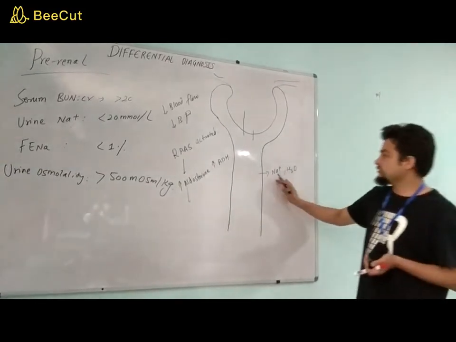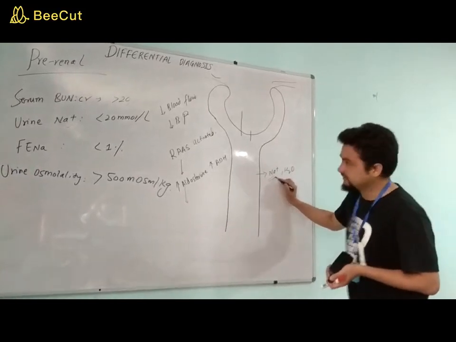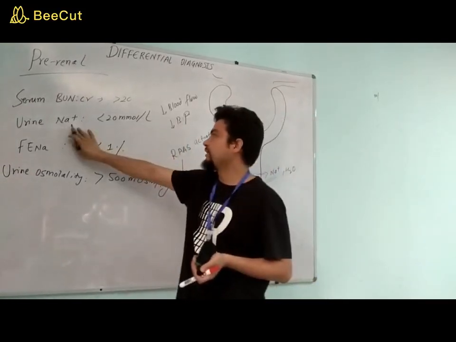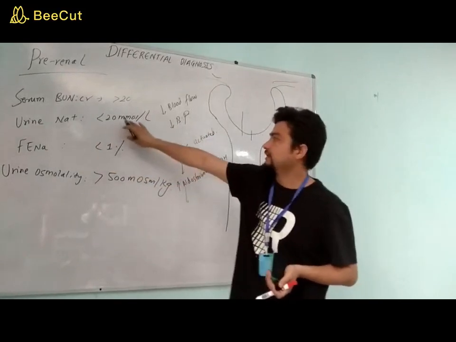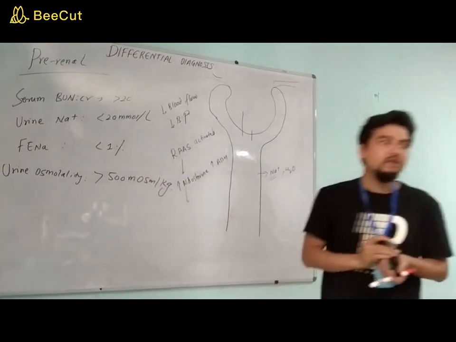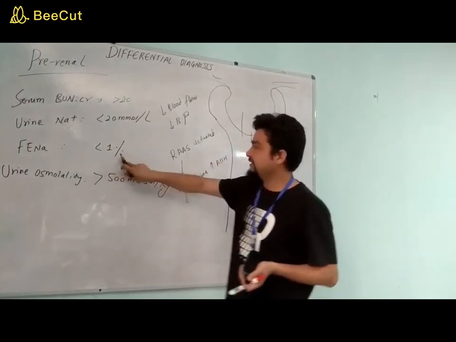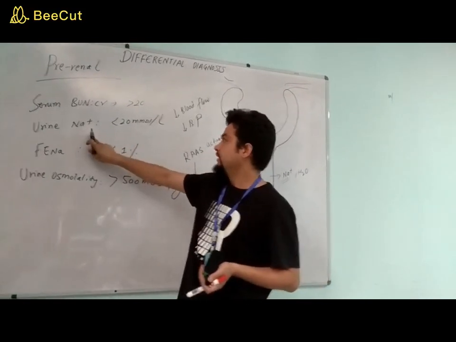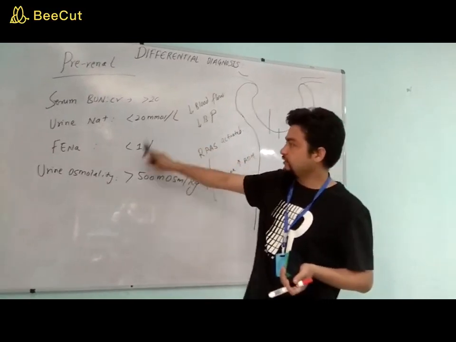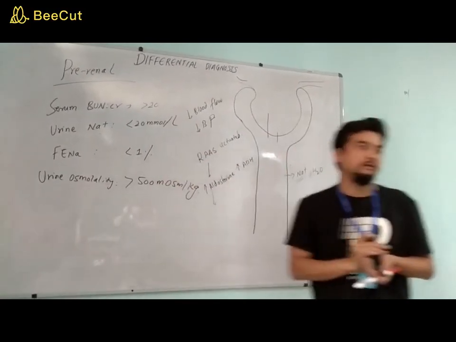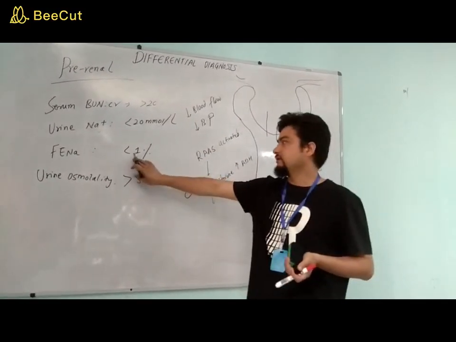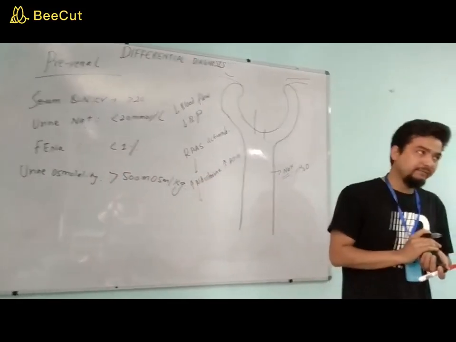So increased reabsorption of sodium in the tubule means decreased excretion of sodium in urine. That's why it is less than 20. Similarly, FeNa is less than 1%. Since it depends on total urine sodium, if the urine sodium is less than 20, it will be less than 1%. Okay, we have already talked about the formula of FeNa.